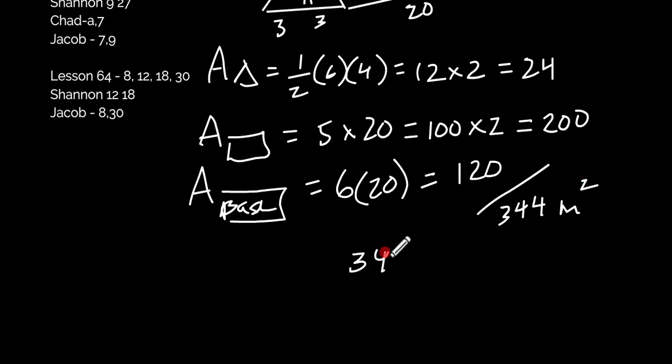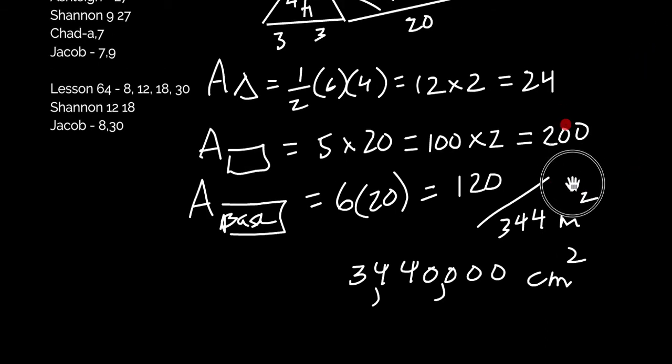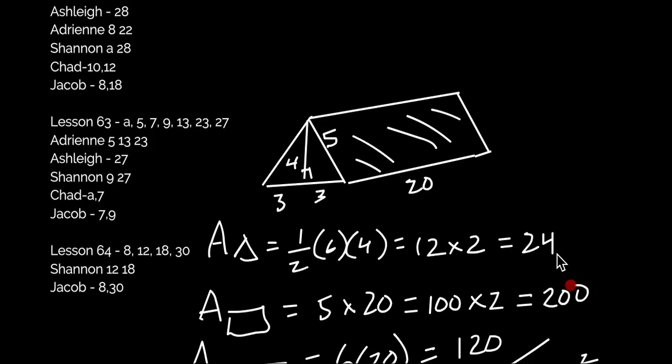So 3, 4, 4, 0, 0, 0, 0 centimeters squared, with commas. All right, so meters into centimeters, you have to multiply by 100. But because it's squared, we're going to multiply it by 10,000. Okay, and what is next? That was 13. Number 23, I did that one with the square roots, fractional exponents.